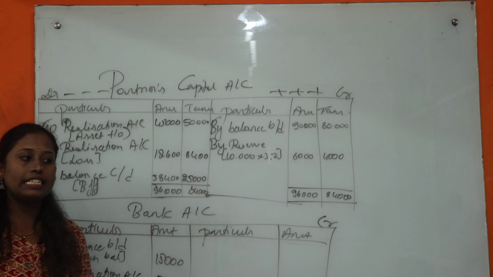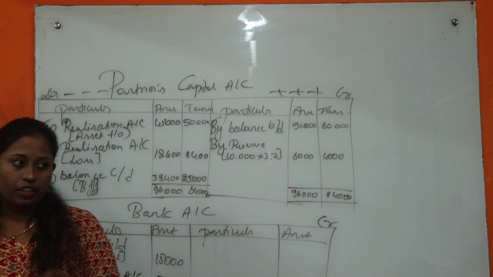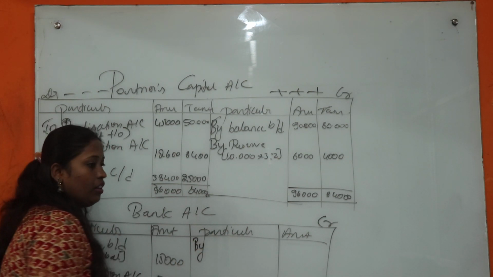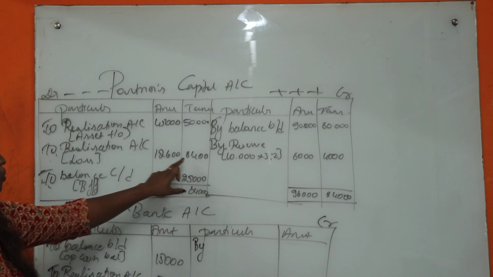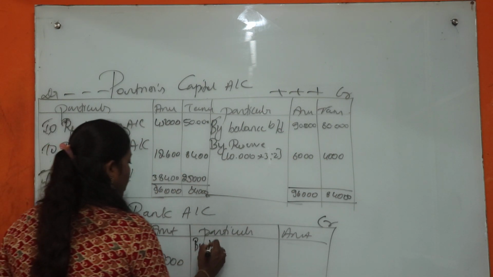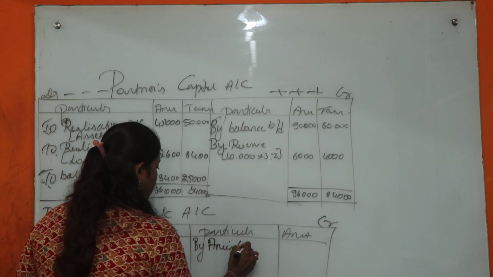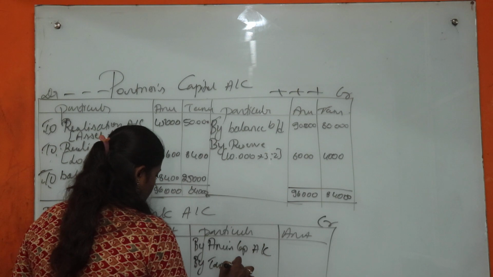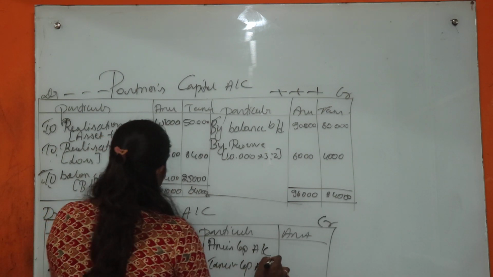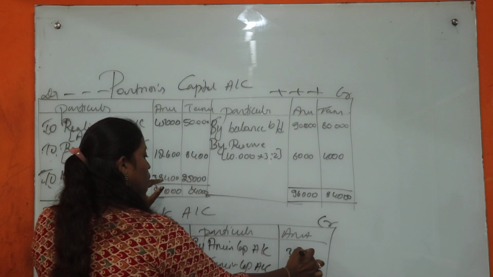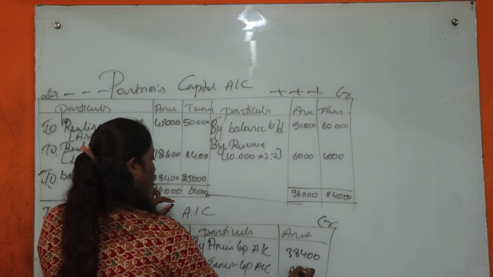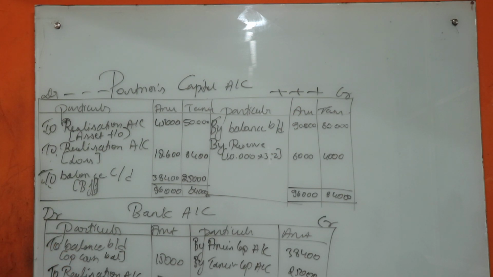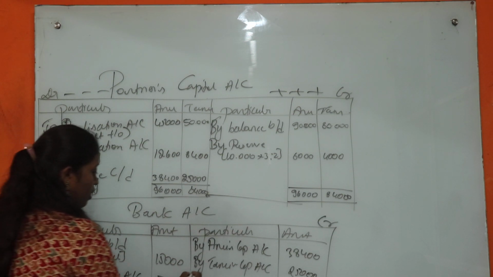On the credit side we will be taking all the obligations the firm has as payments. First and foremost, they have an obligation to pay Anu and also Thanu, through Anu's capital account and Thanu's capital account, where the firm needs to pay 38,400 and 25,000.